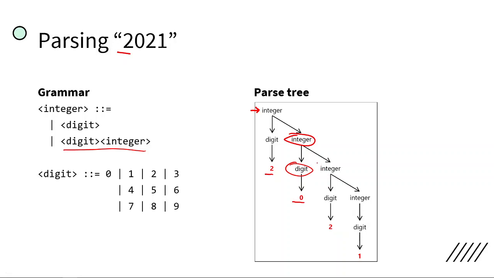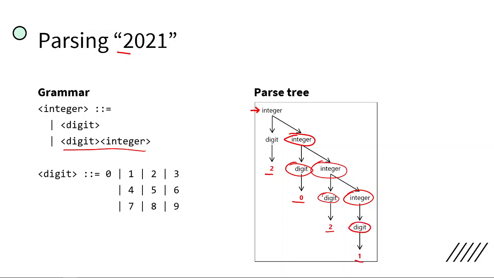And then this integer, we can break it down into digit integer again. And then the digit becomes 2. The integer, since there is only one character left below, is just a digit. It's no longer digit integer. So just digit, which is 1.